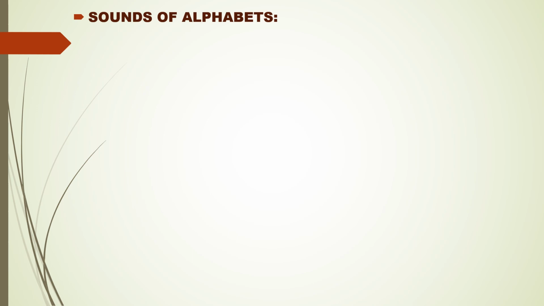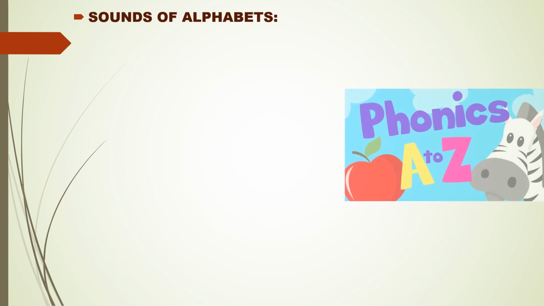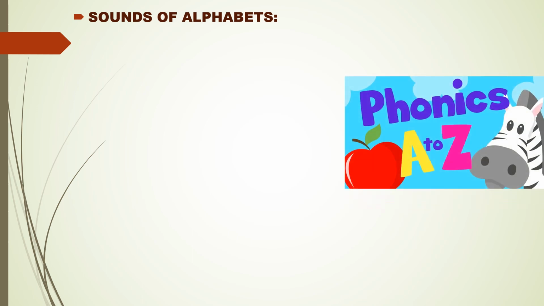So the first thing that you need to be clear on is the sounds of alphabets. That is the phonetics. Okay, you may tell me that you want me to go back to LKG and learn the ABCs. No, I don't want you to go to LKG.